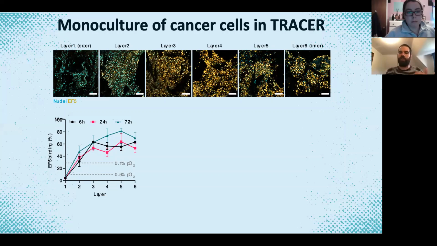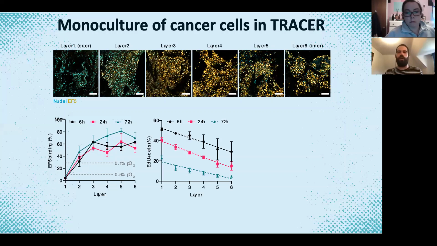After, you have to show that it recapitulates what really happens in the tumor. So we took a few features, cell proliferation and cell death. Usually in a tumor, the cells outside of the tumor proliferate more than the cells in the core. That is really simple: you have less oxygen and less nutrients, so it's harder for the cells to proliferate. It's like, if you have no food, no water, you will grow less than people that have water and food, right?